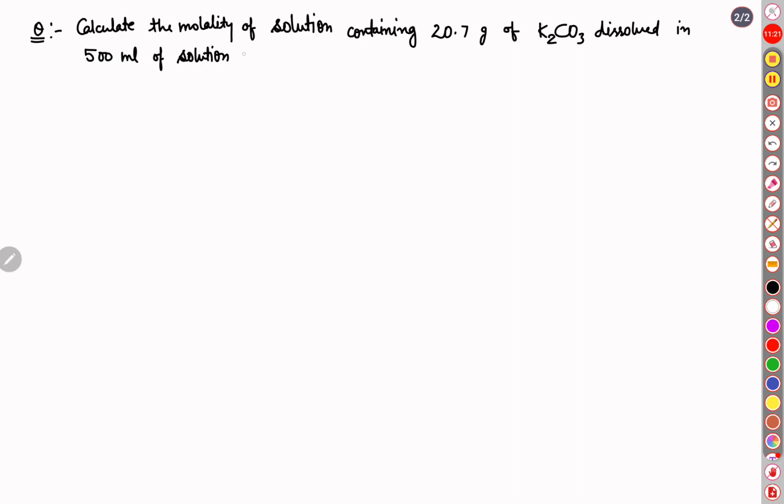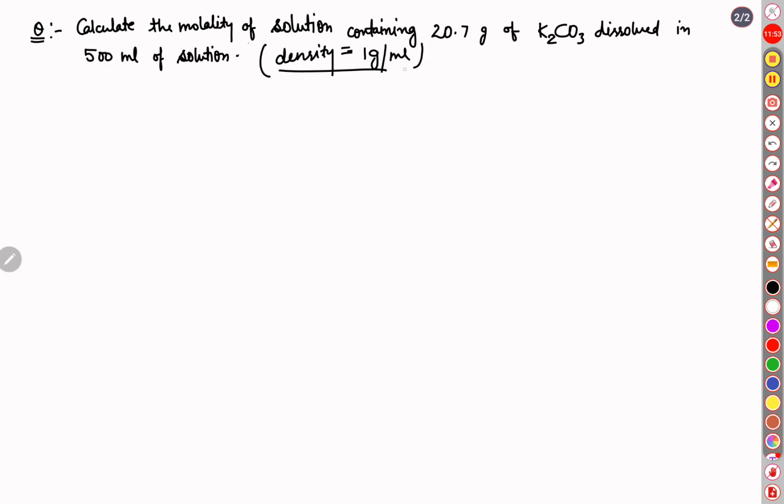Here density is also given. Density is equal to 1 gram per ml.